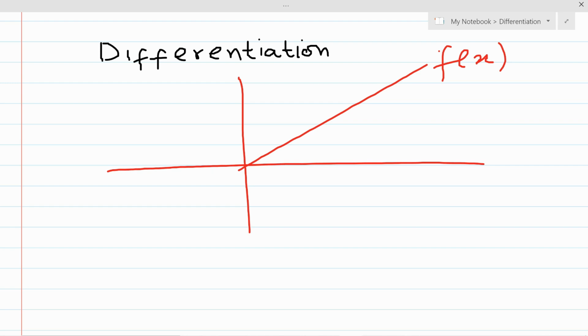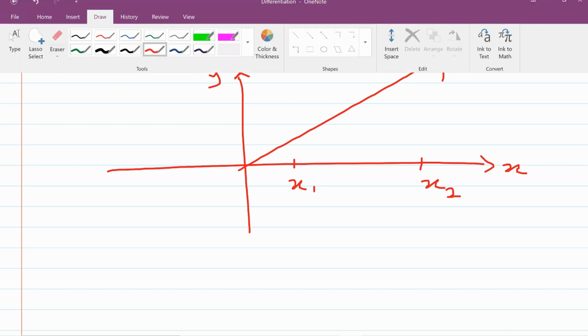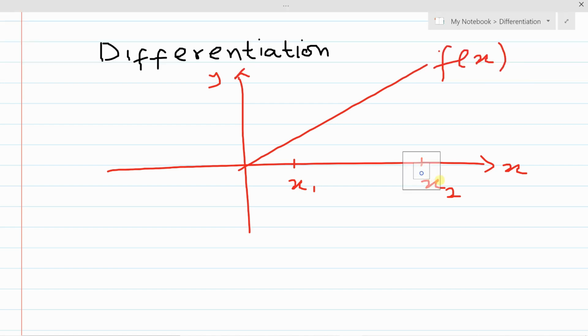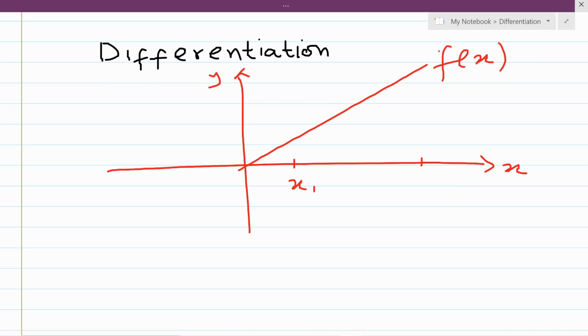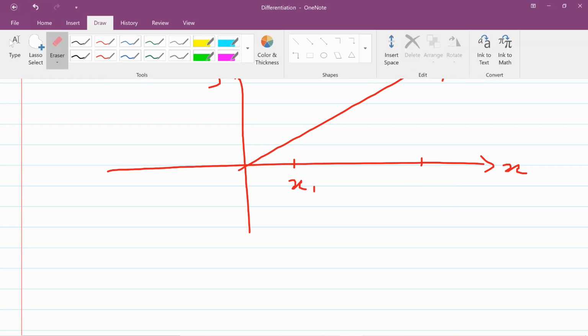Then if I choose some arbitrary points on the x-axis and y-axis, let's say I choose x1 and x2, and let me put the x2 somewhere that we can get a clear picture of what I'm going to explain.